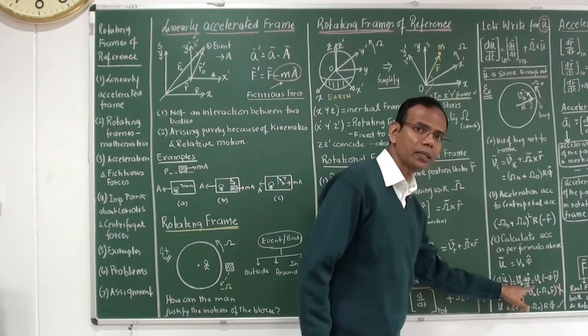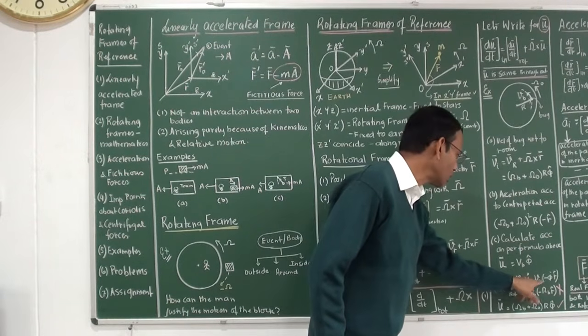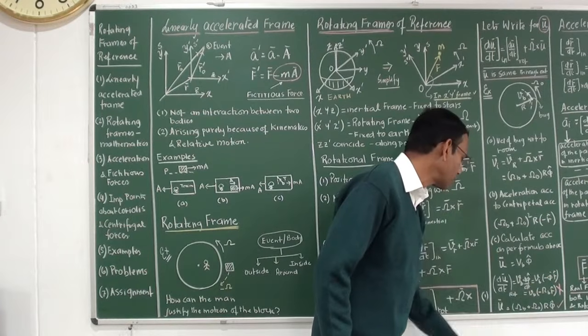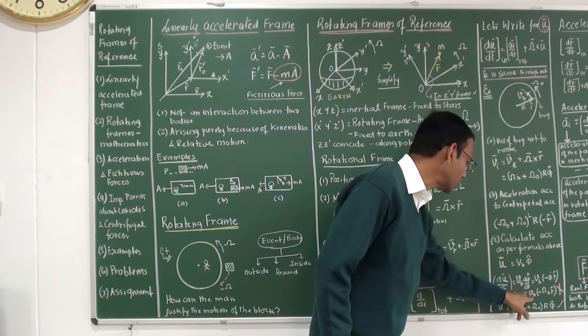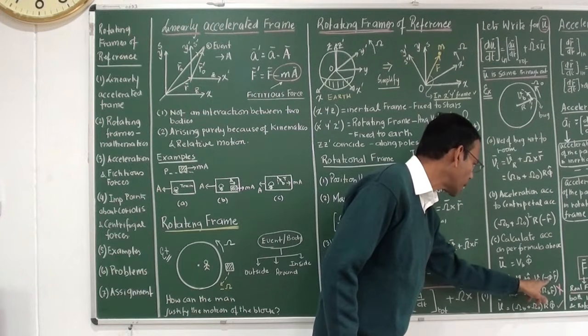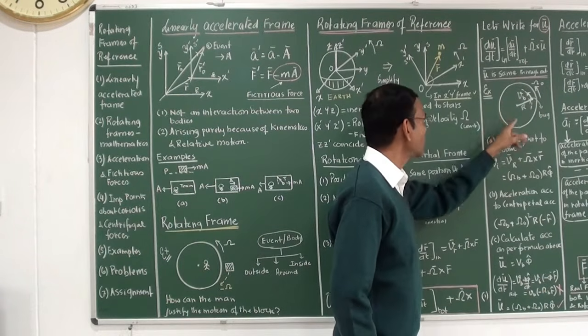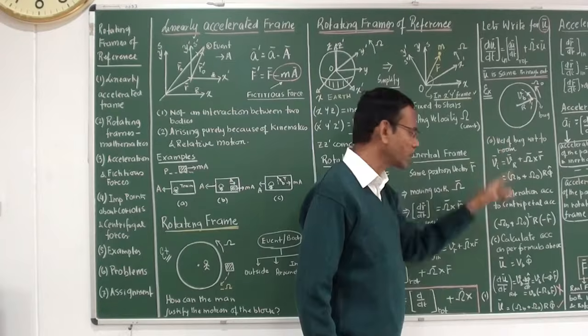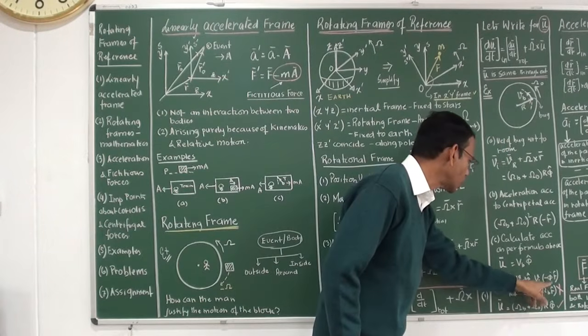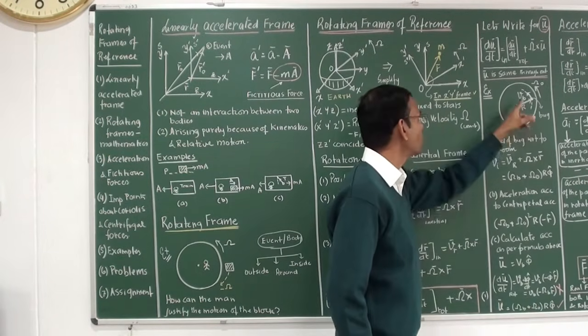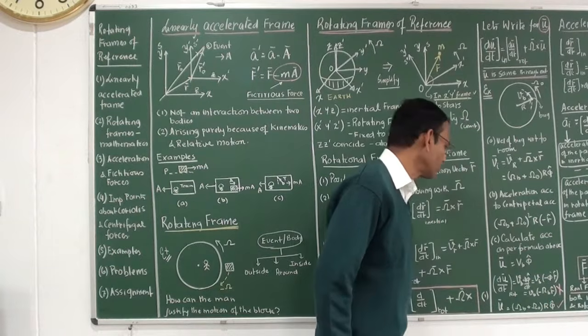D phi cap by dt we have studied. So Vb into minus phi dot r cap, where phi dot is with respect to the rotating frame. So phi dot is omega b, and we get minus Vb omega b r cap.